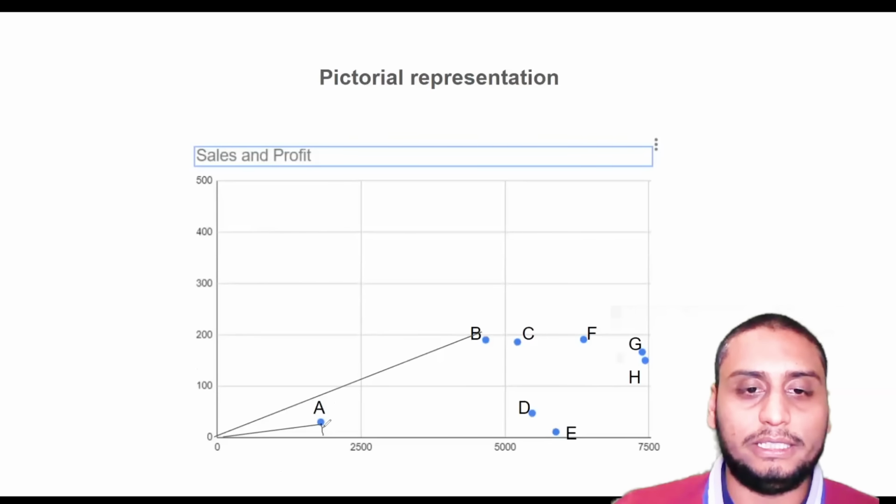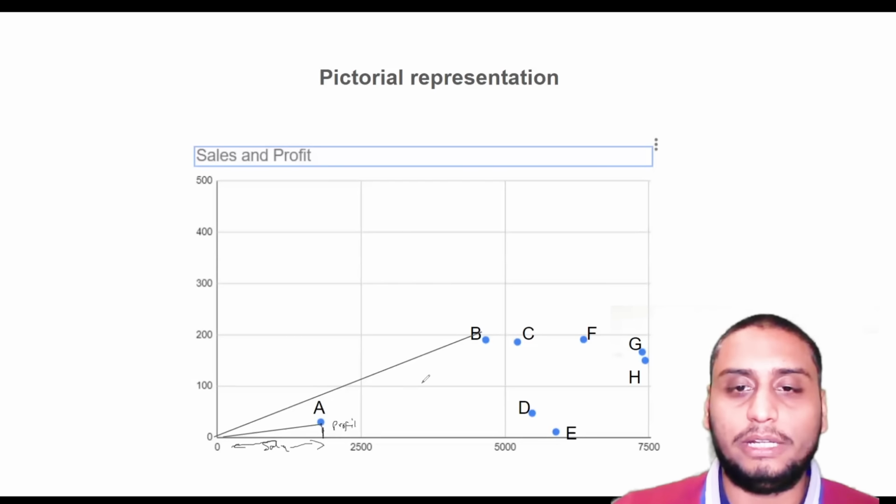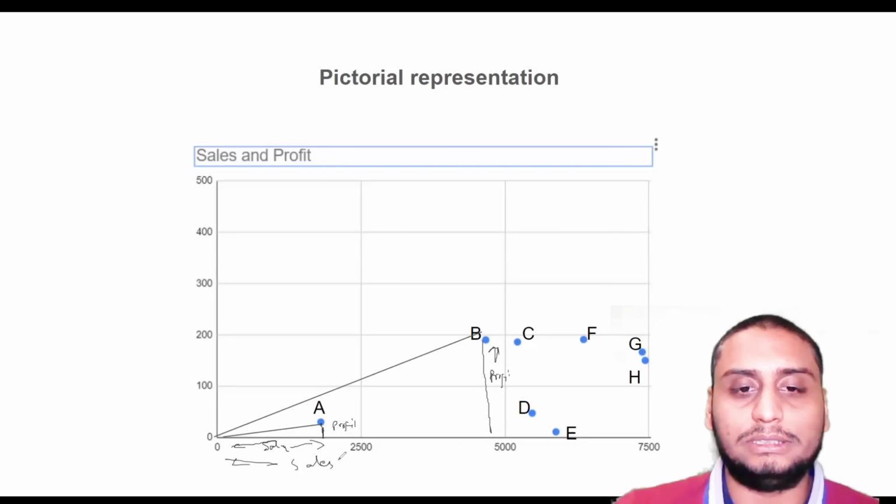Let's say for A, this value is the profit value, and this value is the sales value. And you can find it out for any of the companies. Now this is the profit value for B, and this is the sales value for B. This is the x-axis and this is the y-axis. So you can see the angle which it creates.